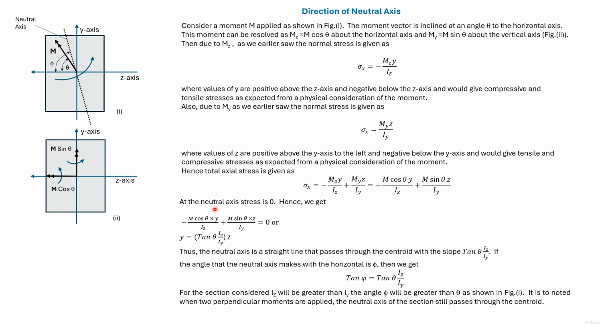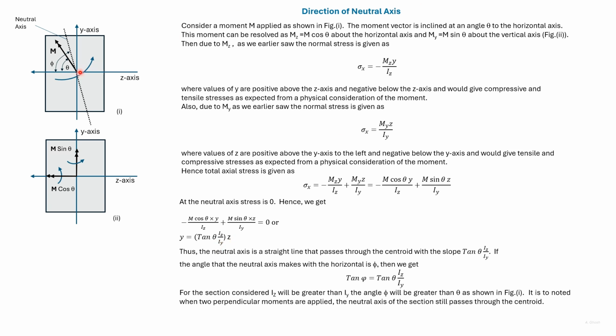At the neutral axis, stress is 0, or we get this equation. We can write this equation as y divided by z is equal to tan theta Iz divided by Iy.